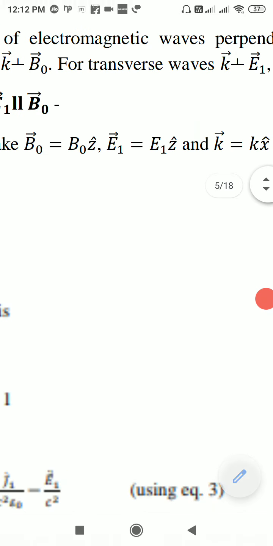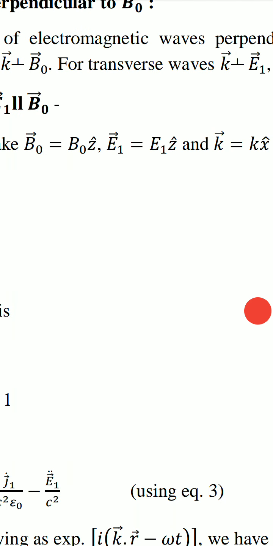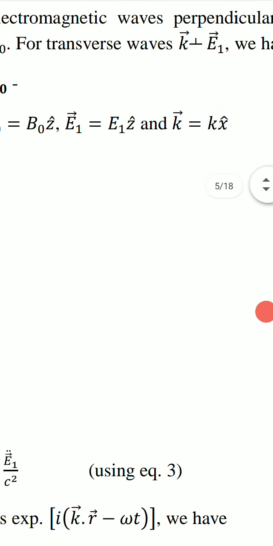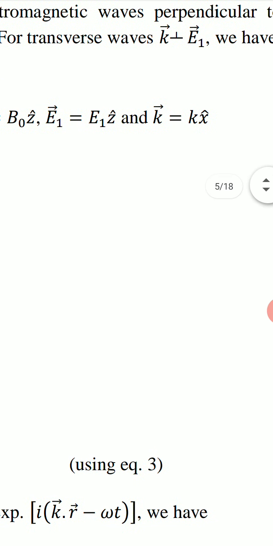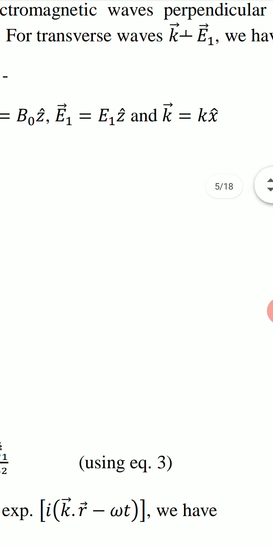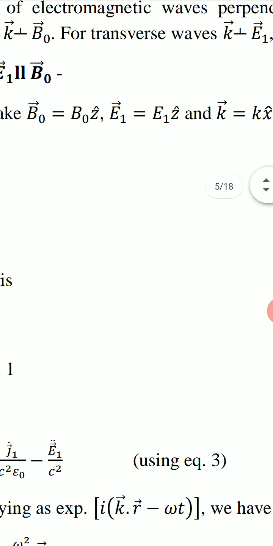And we assume that propagation is along the direction of x-axis, that is K vector equal to K x cap. K vector represents the direction of propagation. K is propagation constant and it is along x-axis.